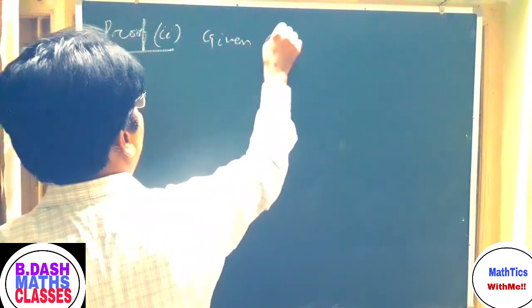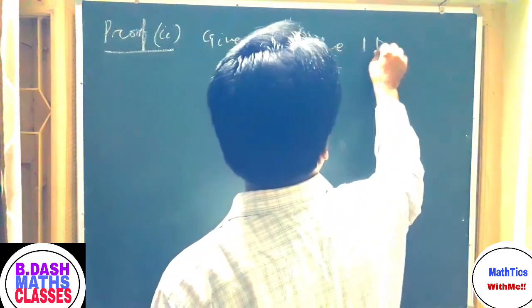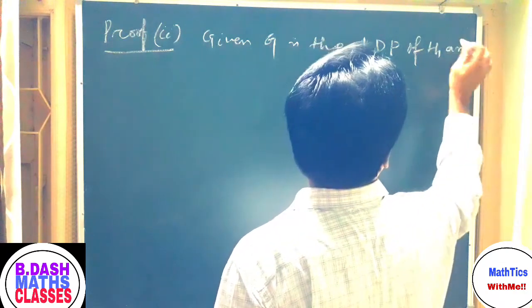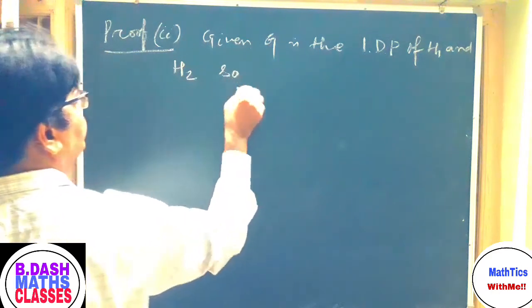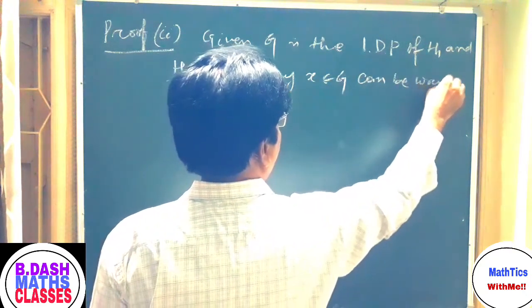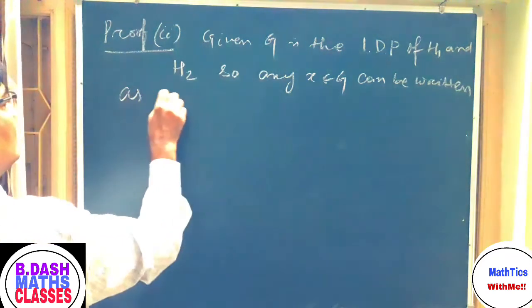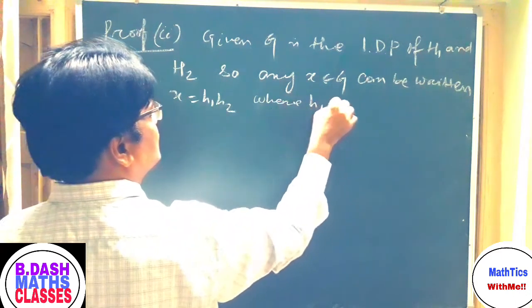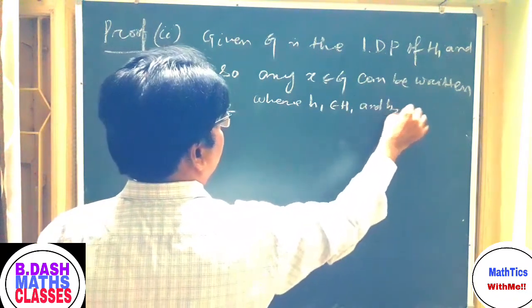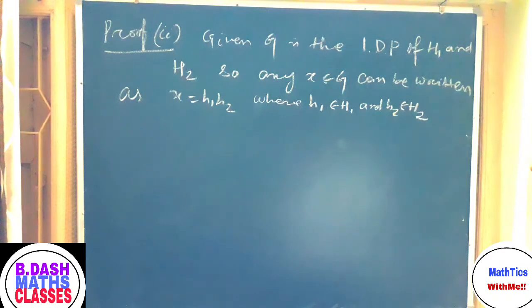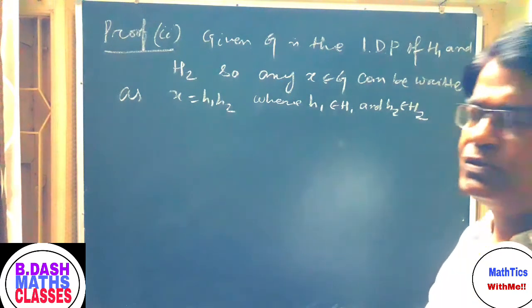Given G is the internal direct product of H1 and H2, so any x belongs to G can be written as x = h1 h2, where h1 belongs to H1 and h2 belongs to H2.